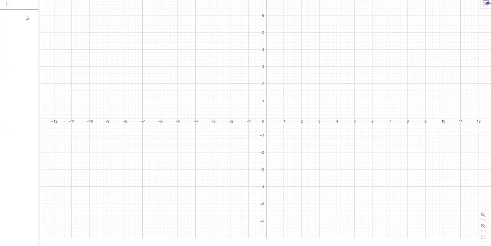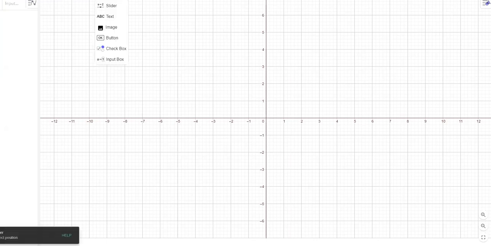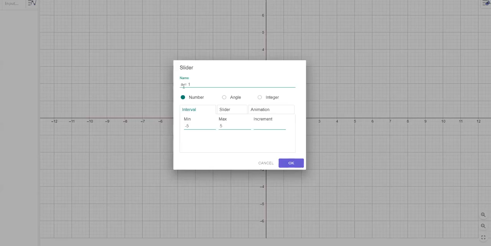Let's say we plot an input slider. I'll call it M. Okay, M is a number.